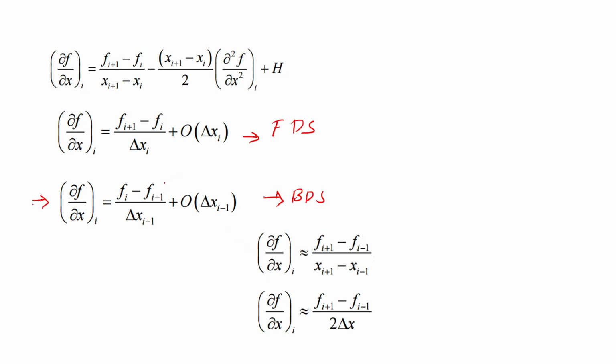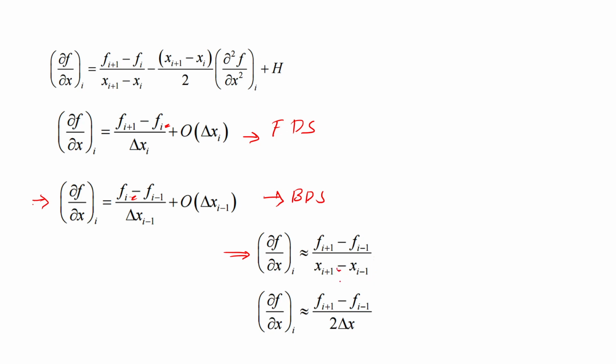If you are adding up these two equations, then the f of i term will be cancelled out. Also the x i terms will be cancelled out, and then the equation becomes something like this. That is, dou f by dou x is equal to f of i plus 1 minus f of i minus 1 divided by x of i plus 1 minus x of i minus 1.